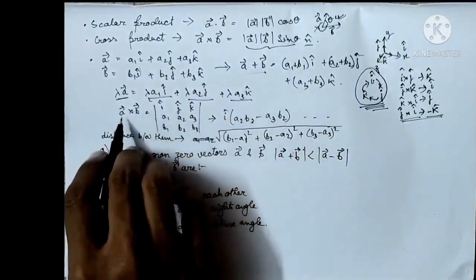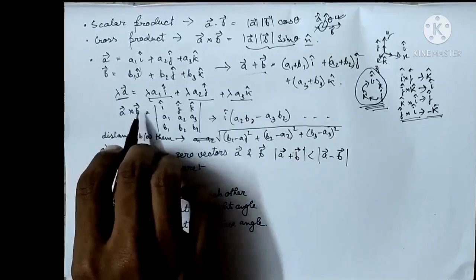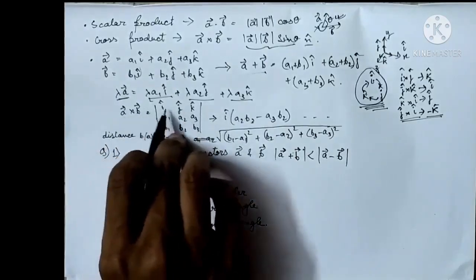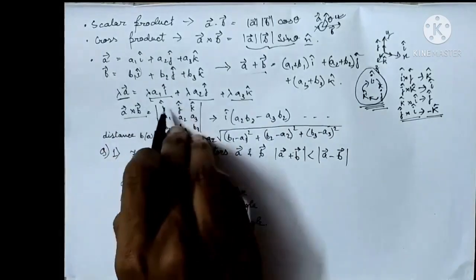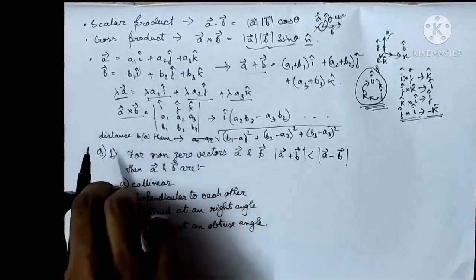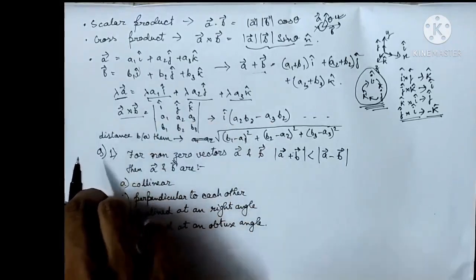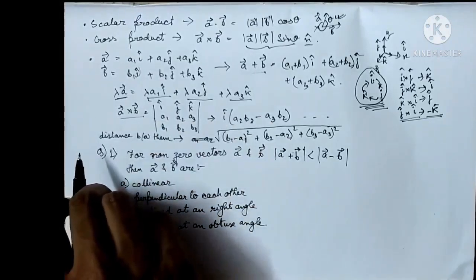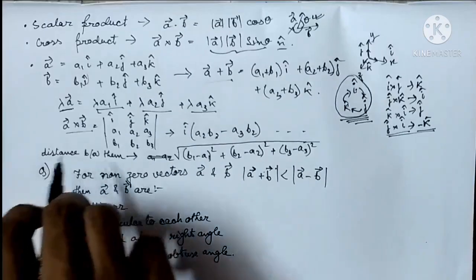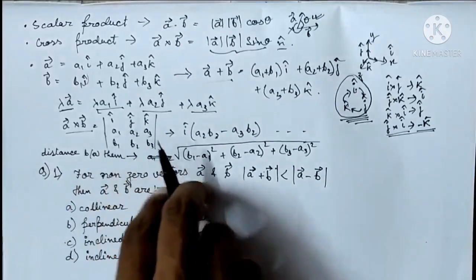Now this one, a vector into b vector, the cross product, we say it as a cross b. Here we do the cross product in this form. We also have some other forms, but you must learn this one for now, and when we learn this chapter in depth, we will go through the other processes.